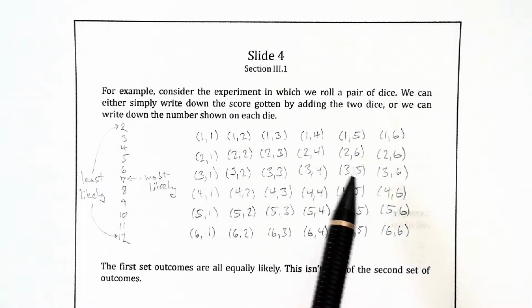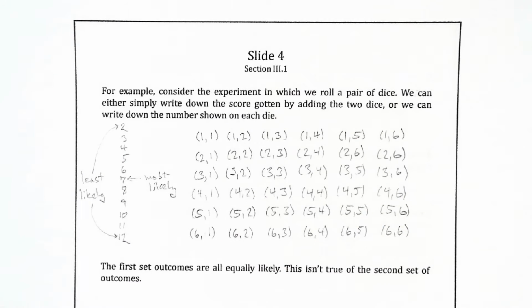With these 36 outcomes, they're all equally likely. So the first set of outcomes are not all equally likely, they vary. The second set, they are equally likely.